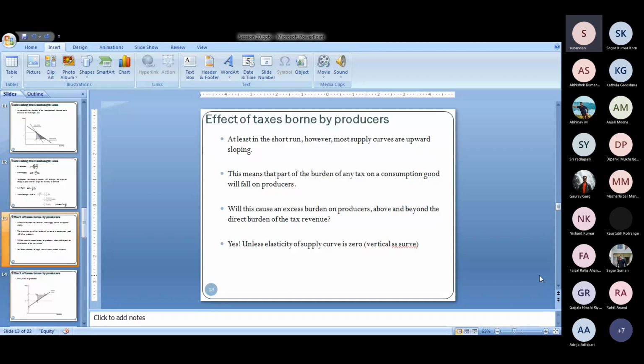So at least in the long run, what happened? Is the slide visible? No, sir. Slide is visible. Okay. No, it somehow showed the slide. No, sir, it's not visible. Yeah, that's what it's showing.